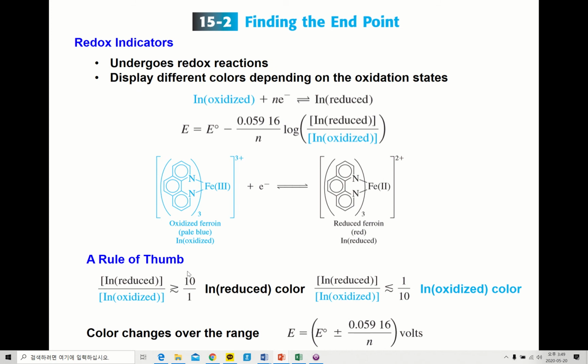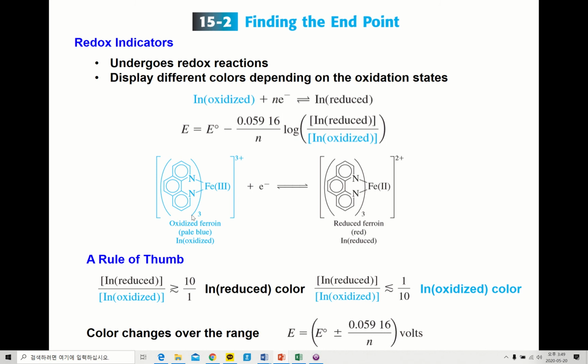This rule of thumb also applies to acid-base chemistry, which is that when the concentration of one of these compounds is at least more than 10 times larger than the other form, the color is dominated by the compound of higher concentration.